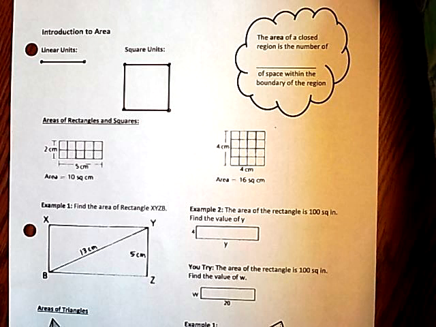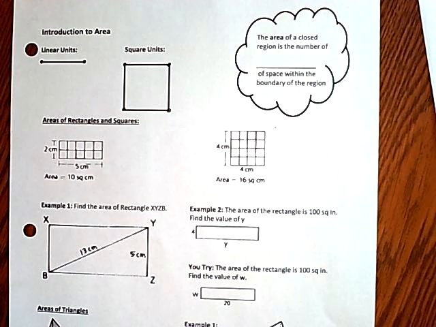So linear units measure length. So we might say that if we have this line segment, we could measure how long that segment is, and maybe it's, say, 1 unit.